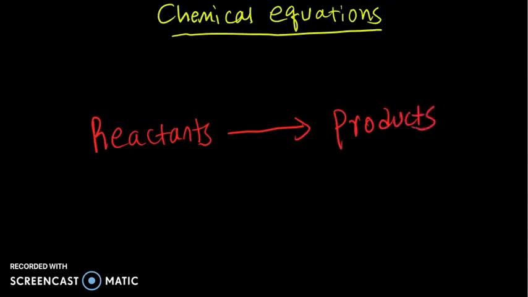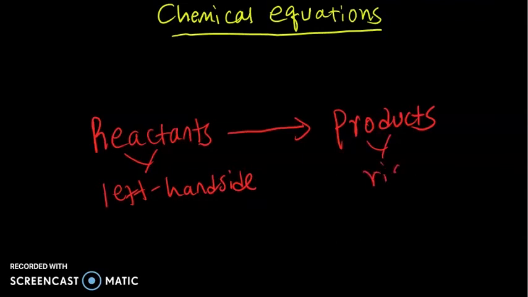Reactants are found on the left hand side of the reaction, and products are located on the right hand side. This is for all reactions, and the arrow here shows us the direction of change.